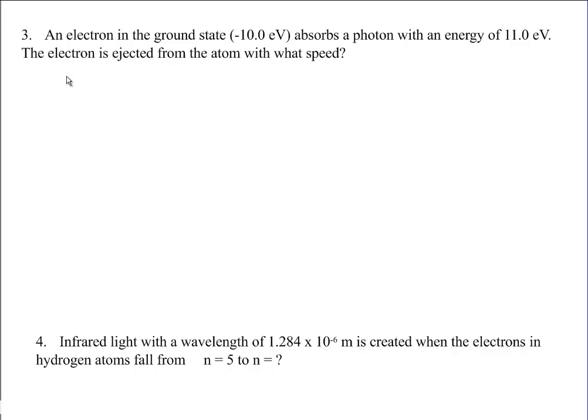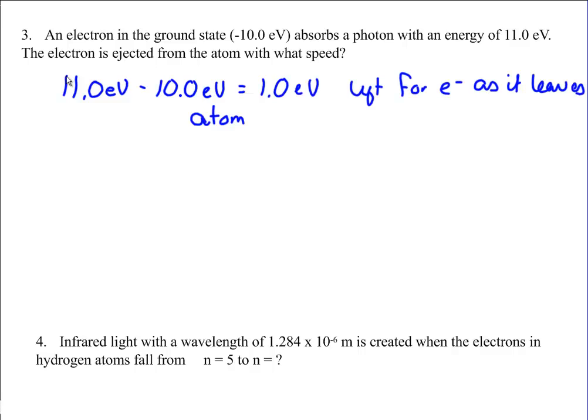So first thing we need to do is figure out how much energy is left over, which is fairly straightforward algebra. So we have 1 eV of energy left over. So as the electron leaves the atom, it's got 1 eV of energy. If I want to figure out how fast it's going, I have to convert that eV of energy into joules of energy. So 1 eV is equal to 1.6 times 10 to the negative 19 joules.